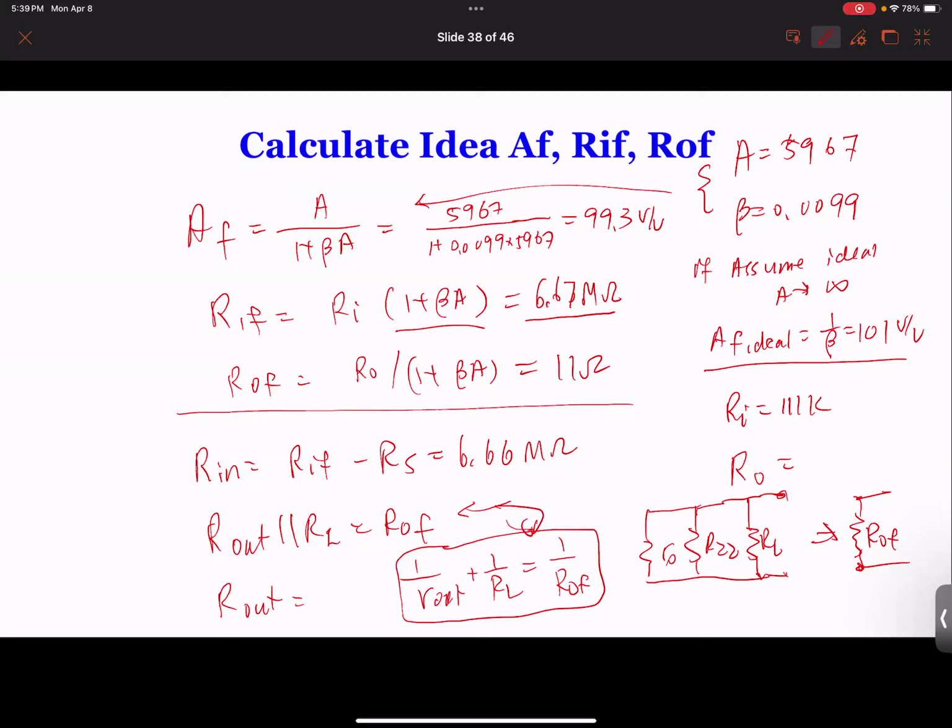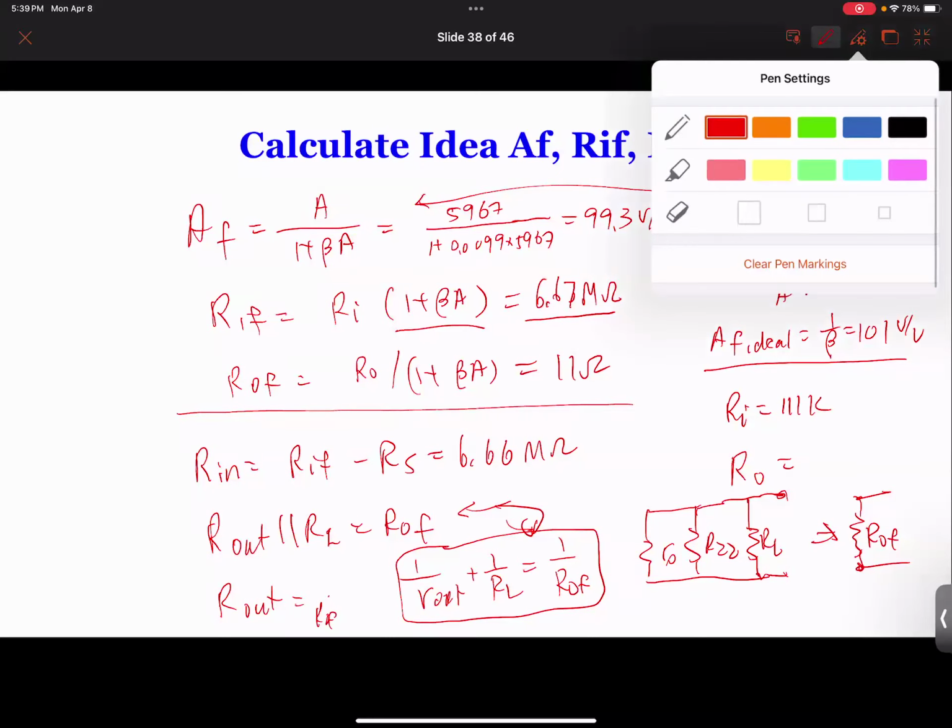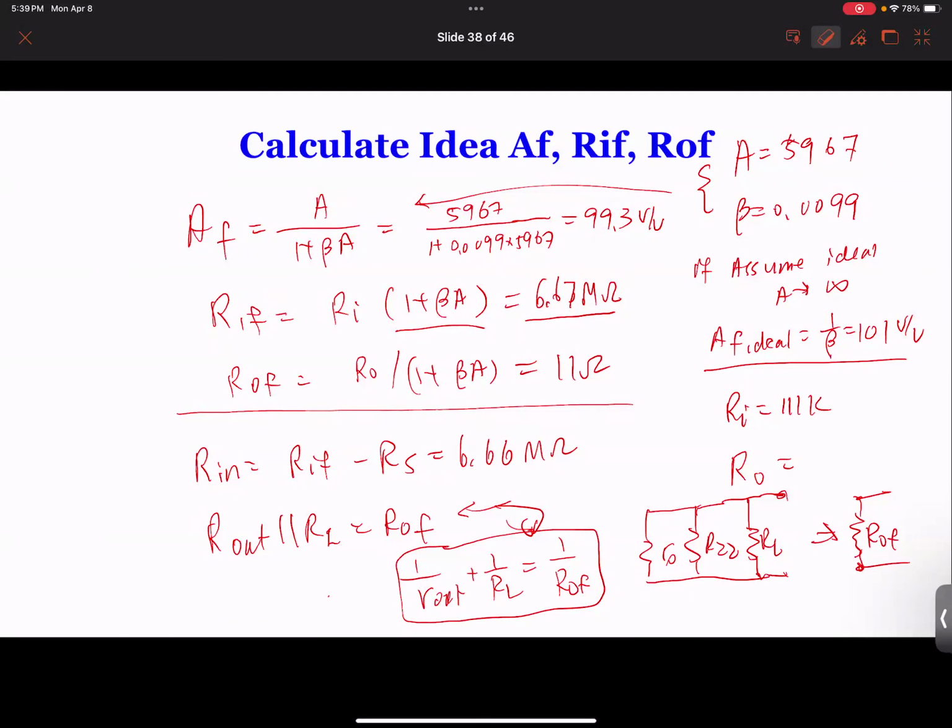So you can take R out, which is 1 over ROF minus 1 over RL, and then in total, you reverse that. So from this equation, we can get this. So this is how you calculate the ideal case.